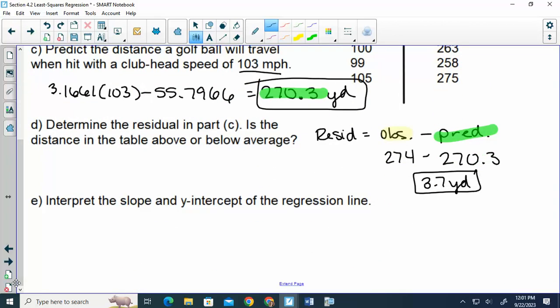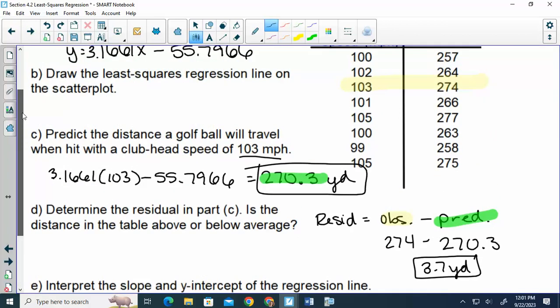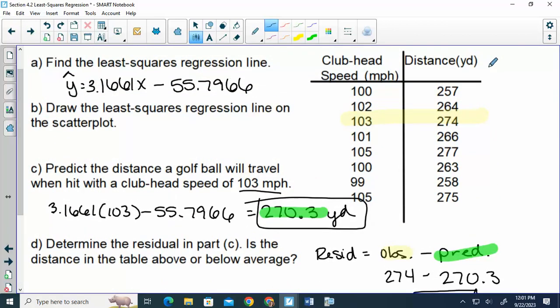Alright, last question. Slope and y-intercept. What do those things mean? So we know slope is like y over x, right? My slope is positive. Y is in yards. X was miles per hour.